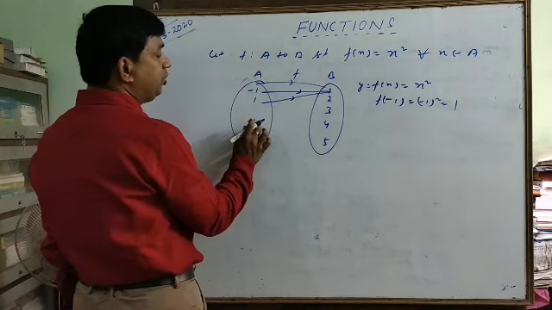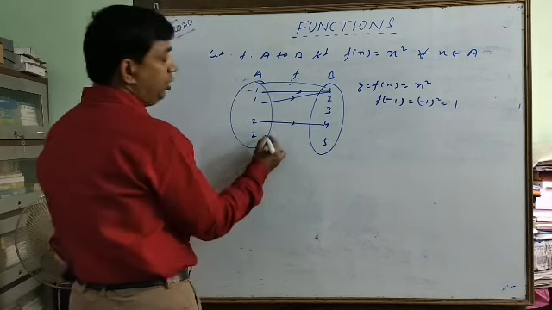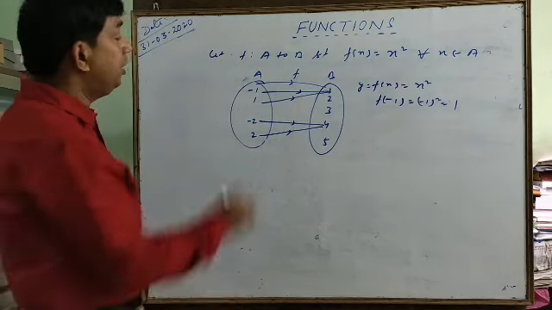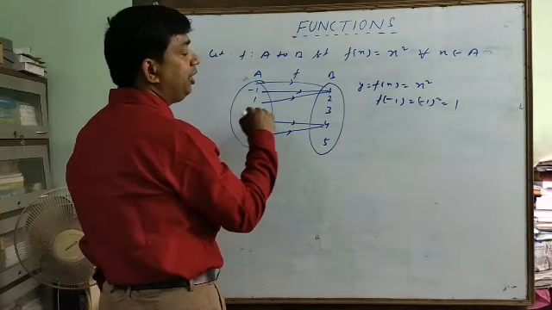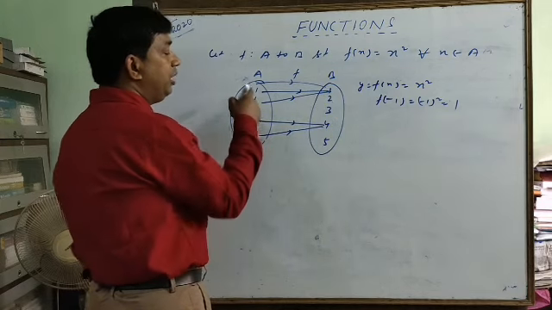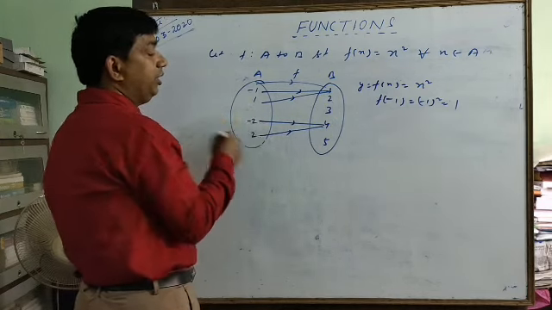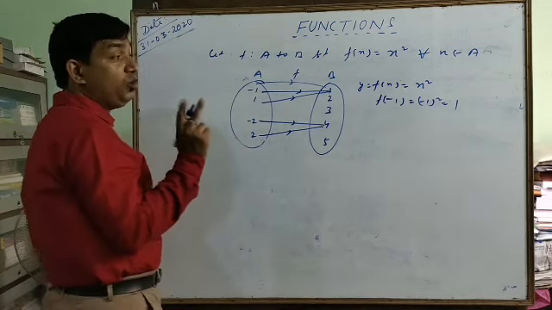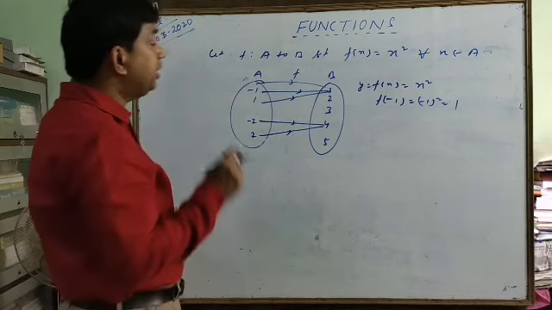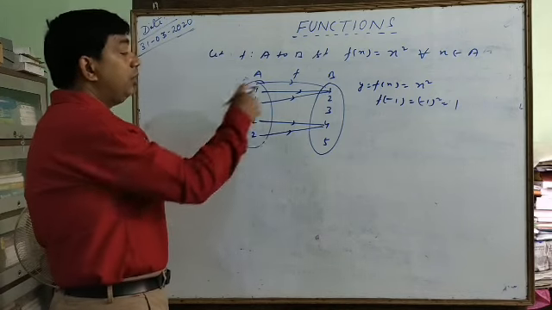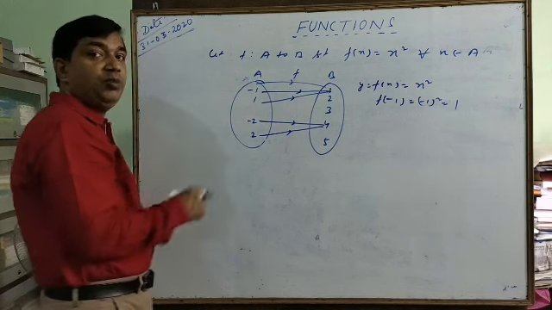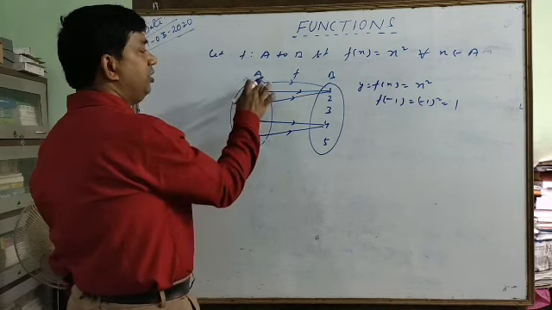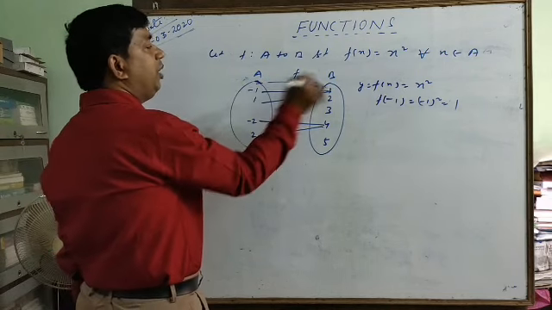Now -2 is related to 4, +2 is related to 4. Now all the elements of A are uniquely associated with elements of B, and no elements remain. If I take 0, then it is not a function, because the two conditions are very important. What I explained, that every input has some output and no input has more than one output. So now it is a function because no input is remaining, all inputs have some output.